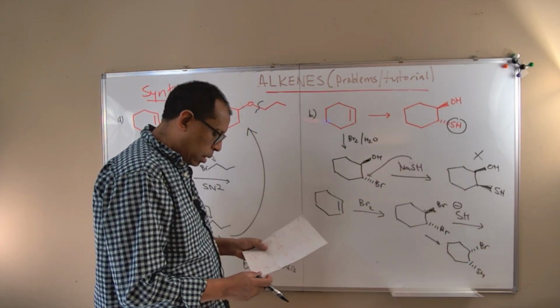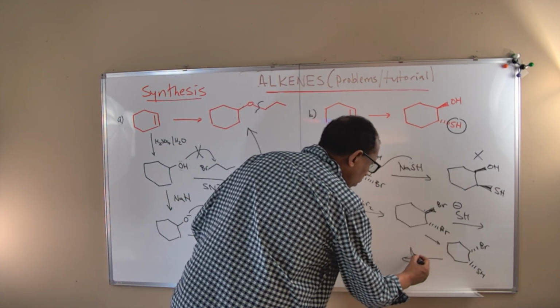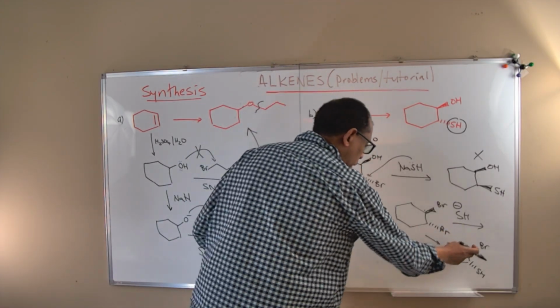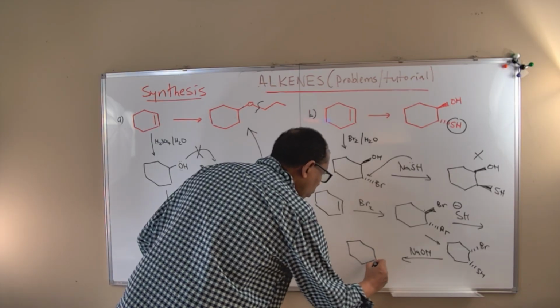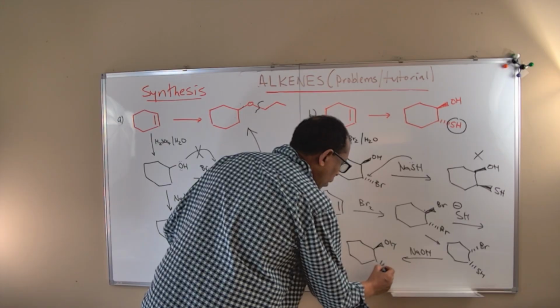Then if I just do a nucleophilic substitution with sodium hydroxide on the bromine, that would be a backside attack, which gives me an OH and SH.